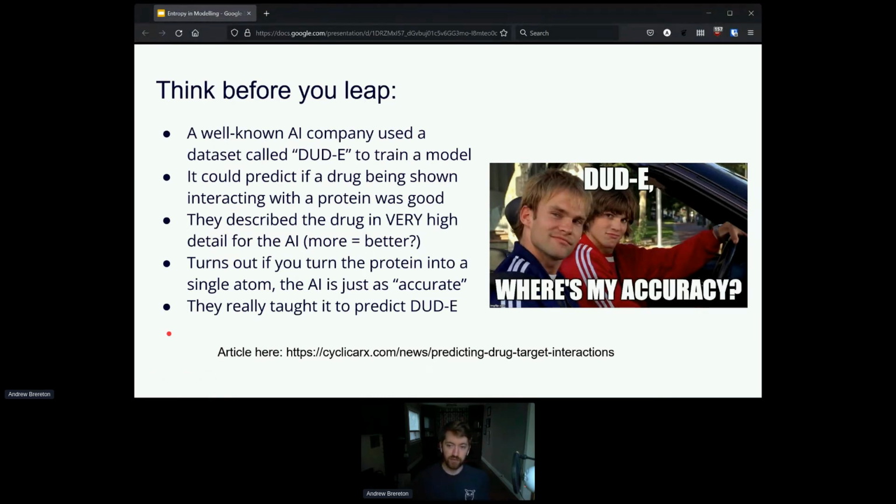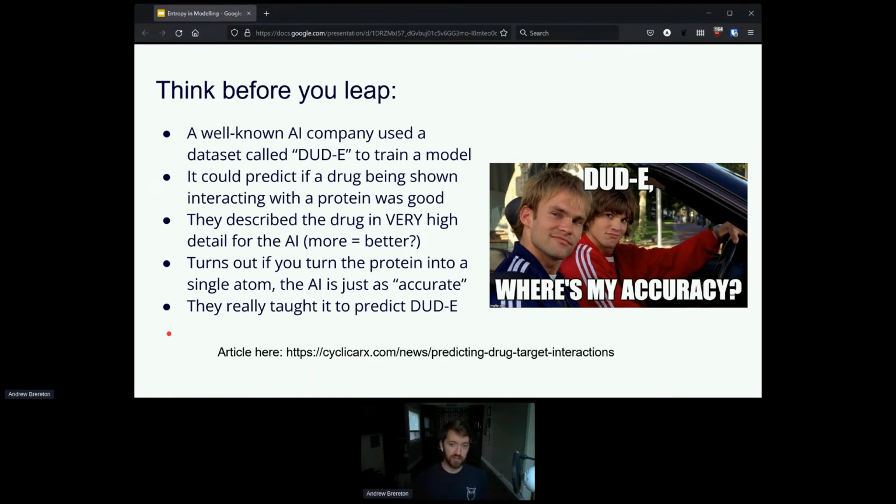Now, to give an example, though, the last few slides I have here are kind of about specific examples. This one in particular is kind of interesting to me. I don't have an image slide for this, but basically, there's an AI company that I'm not going to name right now, but they used a data set of ligands that are bound to proteins called the DUD-E data set, and they trained a model based on this.